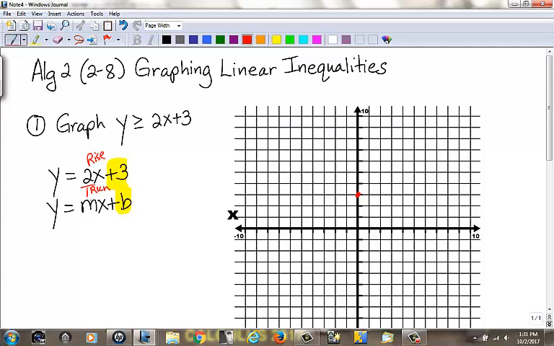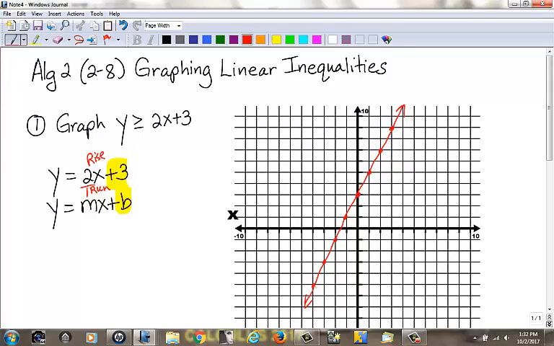From that point, not from the origin, you go up 2 and to the right 1 and put a point. You can do that several times until you can see your line. Then, as best you can, use your protractors to make a straight line. These are lines, so put an arrow on both ends.